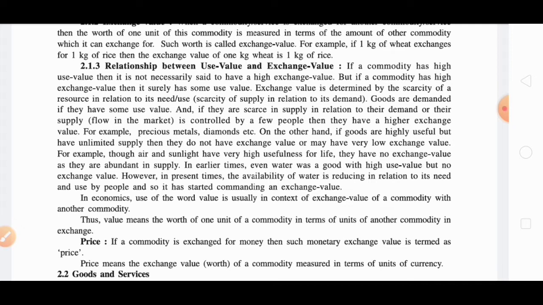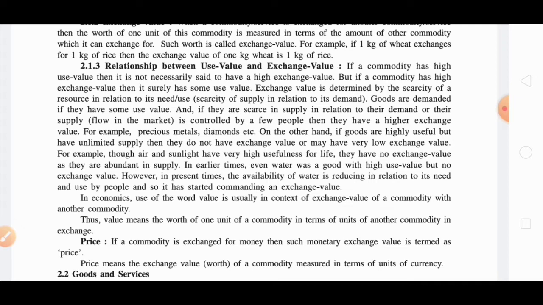It means the demand for diamonds and precious metals is everywhere, but their supply is limited to some countries only, or their supply flow in the market is controlled by a few people, then they have a higher exchange value. For example, precious metals, diamonds, etc.